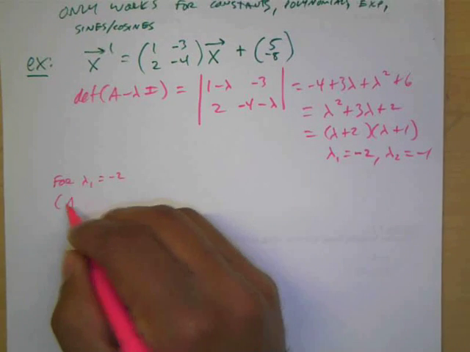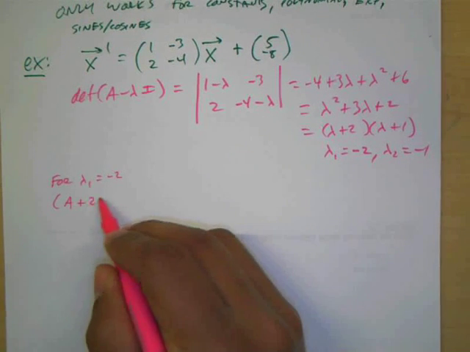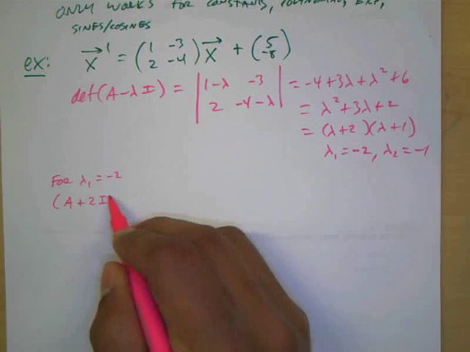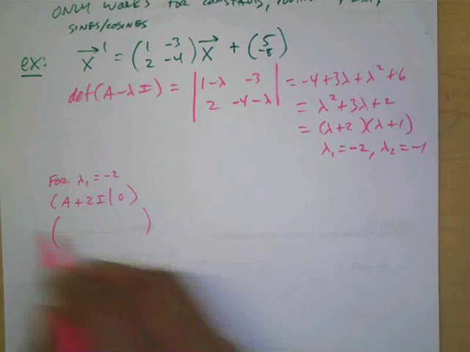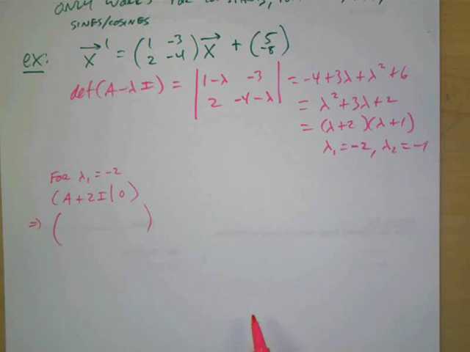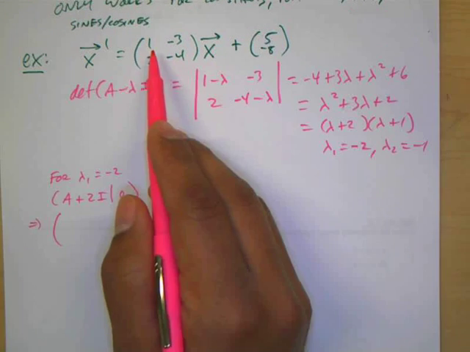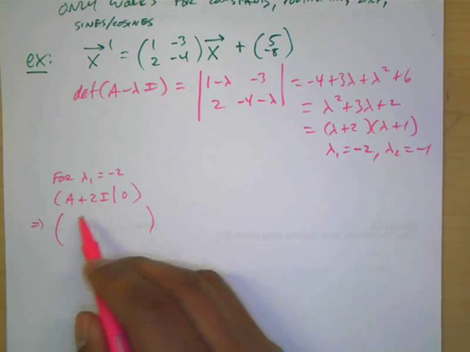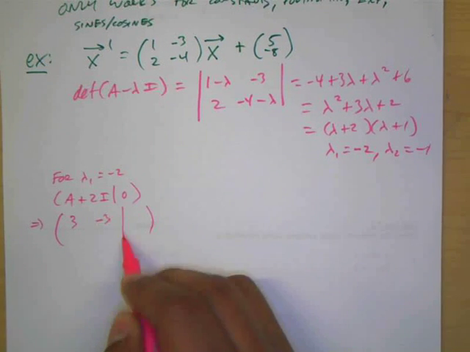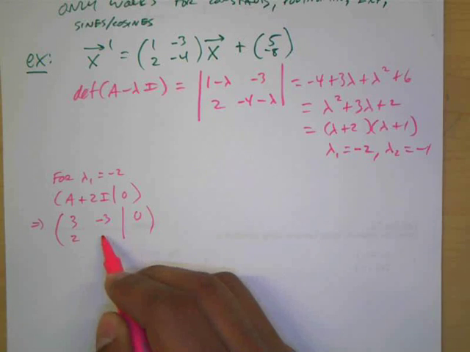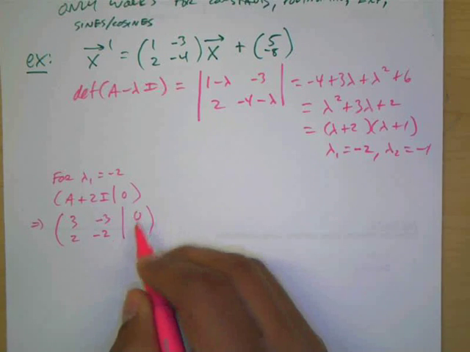So now we have A plus 2 times the identity, augmented with 0. So take the coefficient matrix and add 2 along the diagonal. We get 3, negative 3, 2, negative 2.